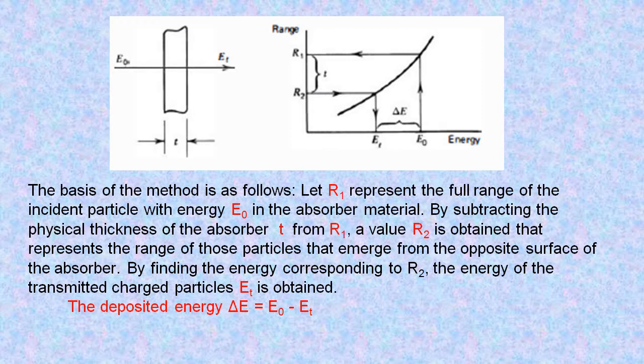And if you have a thin absorber, if you know the initial energy, you can calculate what will be the energy of the emitted particle, or what is coming out of the absorber, by knowing the thickness, and by subtracting those two energies you can find the energy deposited.